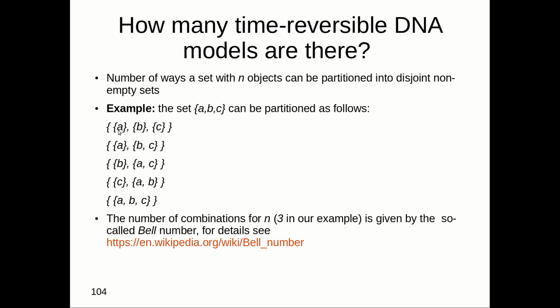So essentially A, B, and C, this would be our GTR model. We have 3 distinct rates, and this would be our Jukes-Cantor model, ABC, where we group all of them together and they all have 1 rate. The number of combinations for n, so 3 in our example, and 6 for DNA data, is given by the so-called Bell number. If you're interested in the details about Bell numbers, you can see here.